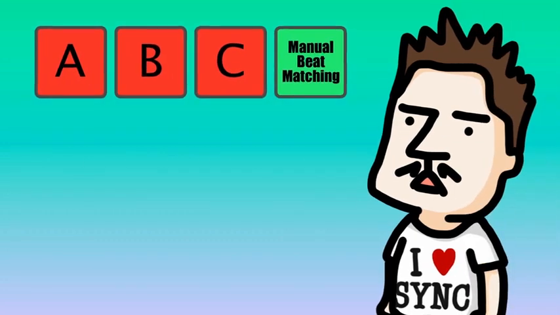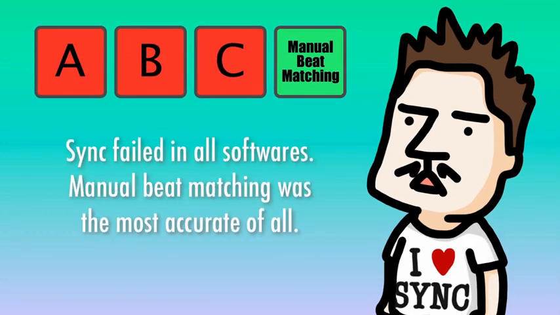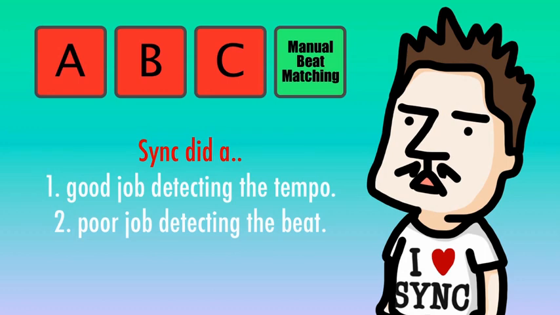All 3 did poorly with hip-hop, and the results of house were barely acceptable. One thing worth noting is how all 3 did a pretty good job of figuring out the tempo. They just failed to figure out where the beat is.